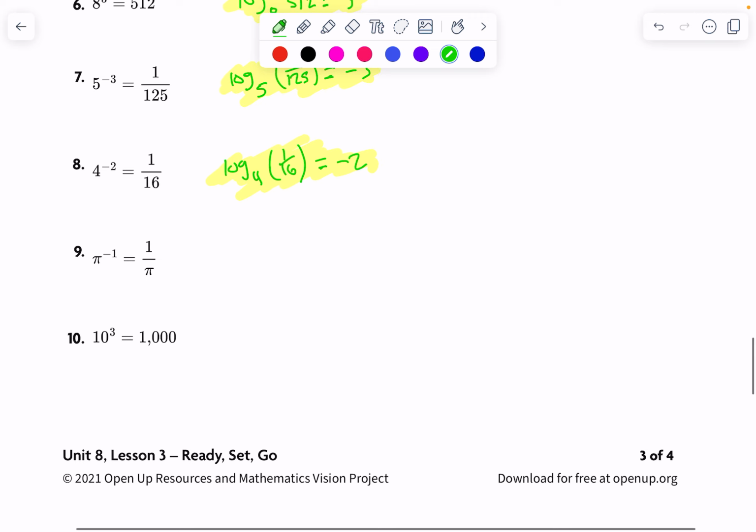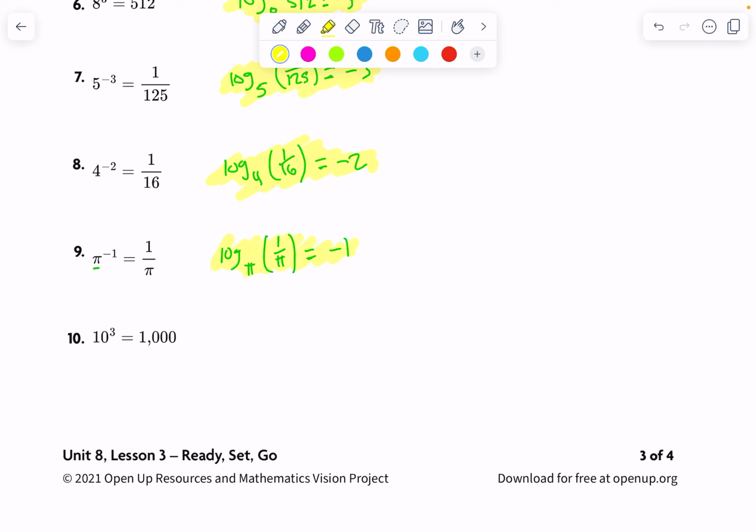Number 9. Okay, so what do we see? There's something different. There's a base of pi. Totally fine. So log base pi of 1 over pi is equal to negative 1.